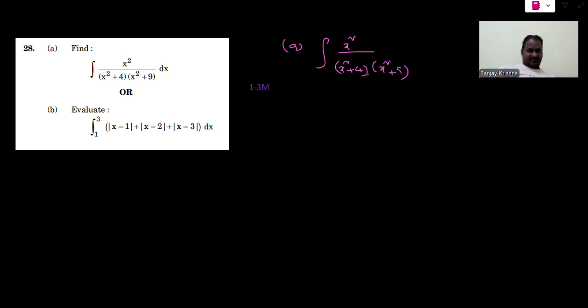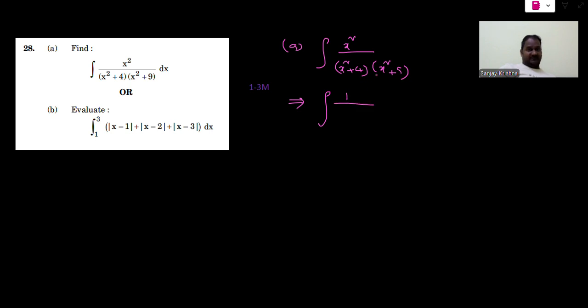See, this kind of question can be divided using partial fractions easily. But one more important thing here is, whenever you come across this kind of question like x square divided by x square plus 4 into x square plus 9, see, here it is x square, this is also x square, right? So then what are you supposed to do? 1 divided by the difference.